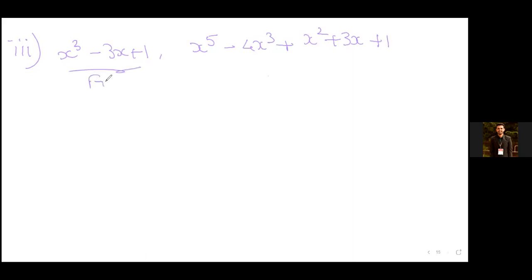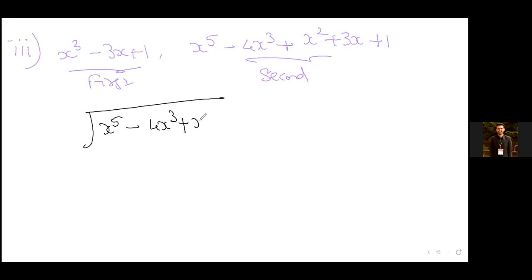This is the first polynomial. This is the second polynomial. We do the division process. X to the power 5 minus 4x cube plus x square plus 3x plus 1, divided by x cube minus 3x plus 1.